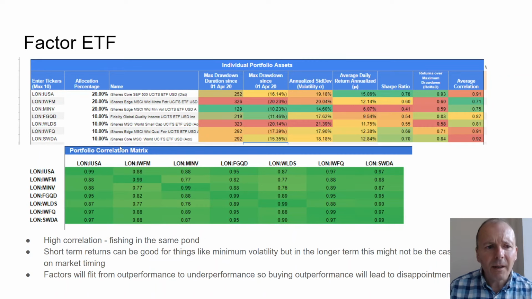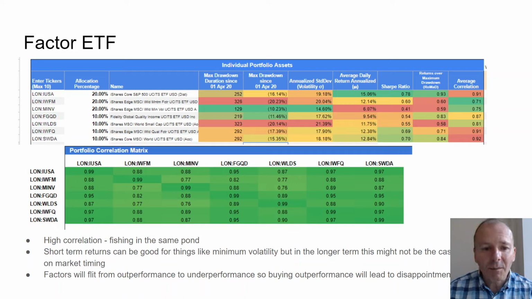Next up, I look at some factor ETFs, and here, yeah, varying returns, but actually the S&P 500 beats all of the factors, because when they start to add in Europe and Japan, then the returns go down. So you have to wonder, well, if the aim is to beat the S&P 500, this isn't really going to cut it.